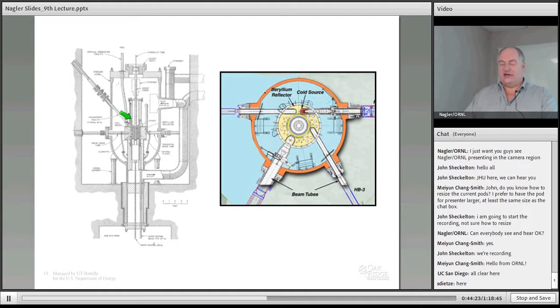Over here we see a cutaway view, and you can see there's a core where the fuel is. It is surrounded by a reflector made of beryllium that bounces neutrons back in towards the core and keeps the flux in the center very high. And finally, there are some penetrations, and those penetrations are beam tubes. One of those beam tubes, which is near the core, actually contains a cold source, in this case supercritical hydrogen that's cooled down.